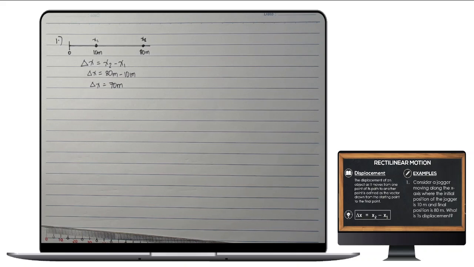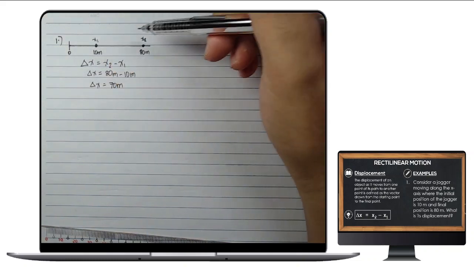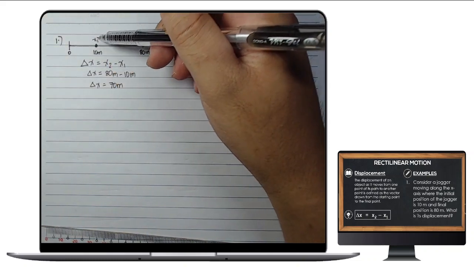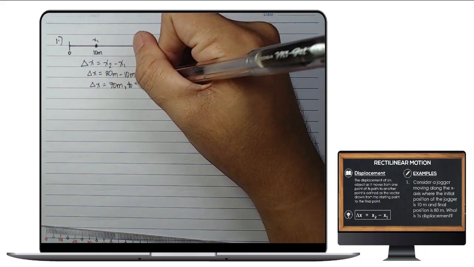Okay, since displacement is a vector quantity as defined a while ago, it should have both magnitude and direction. Based on our figure, since it moves from left to right, you may say that that is 70 meters to the right.